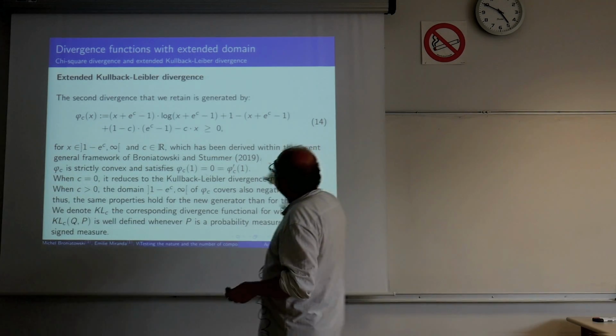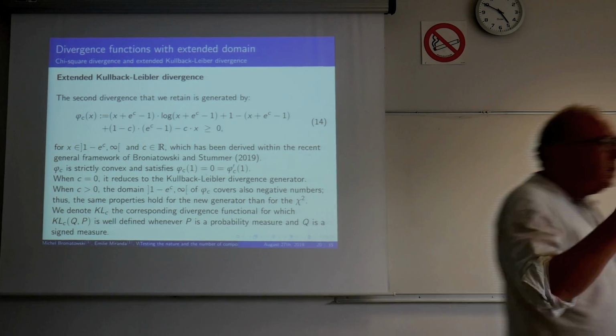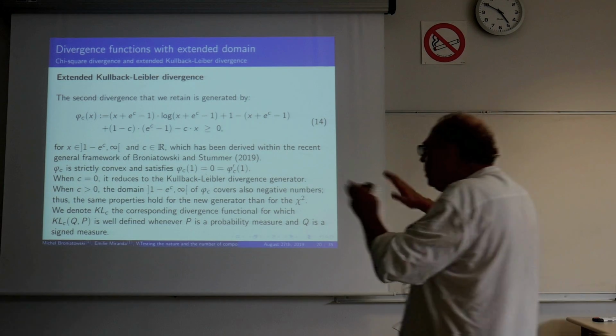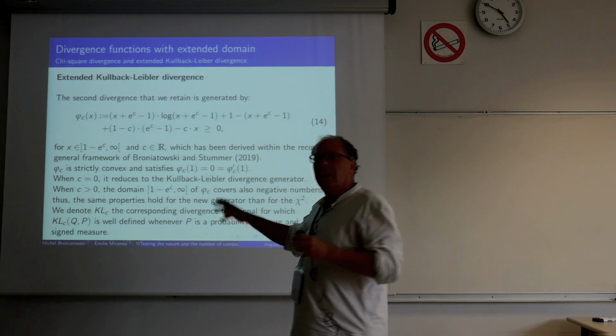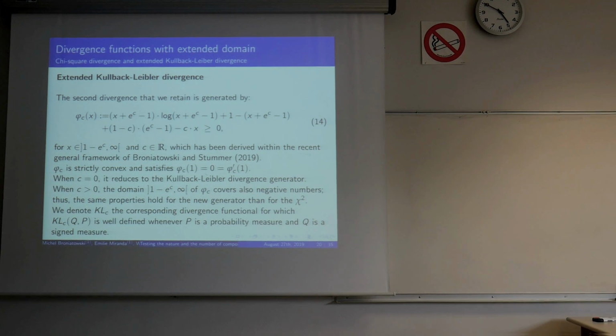Or here is another example with Wolfgang. We've been able to extend a number of divergences in such a way that the domain of the divergence functions include negative numbers. And so we have quite a range of tools. But you see that, first of all, the tools should be adapted in the sense that it should allow to obtain an interior point.